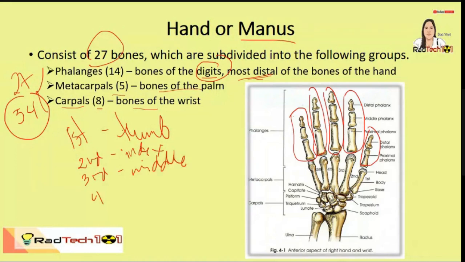Then the fourth is your ring finger, and your fifth digit is your pinky. It's a small one. So we number these 1, 2, 3, 4, 5. Okay? So why 14?